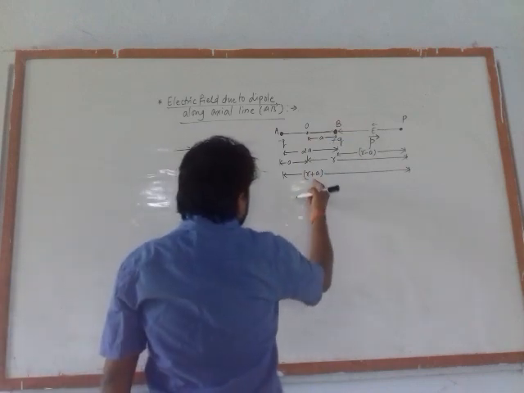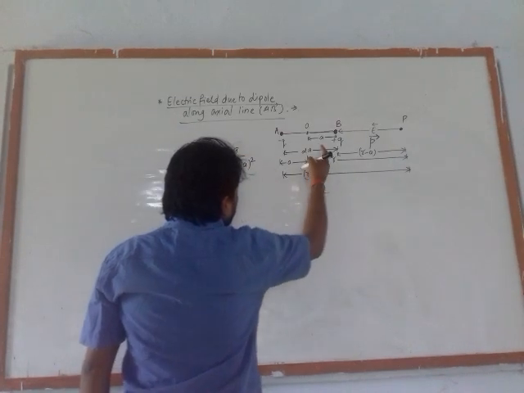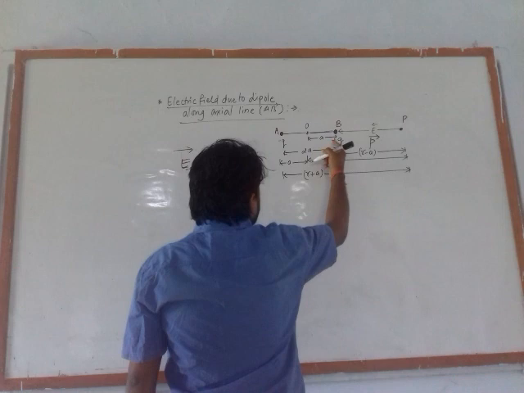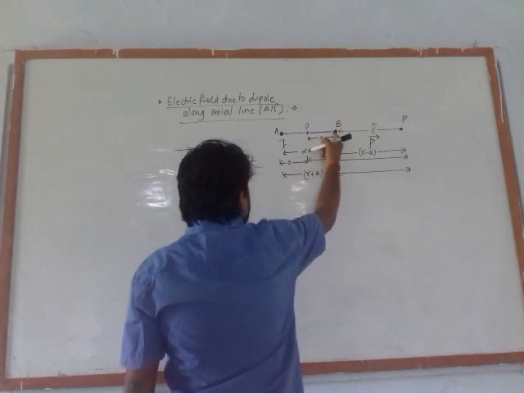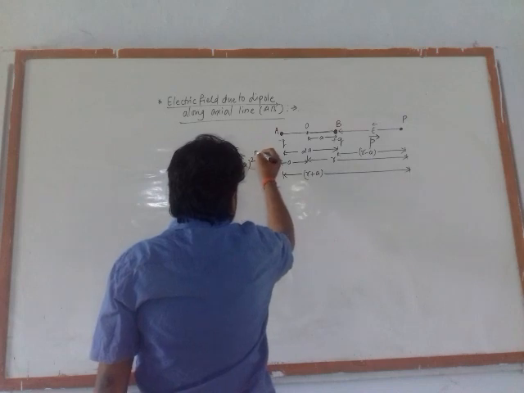So the square of the distance means R plus A whole square. The direction, since this is a negative charge, will be along the direction of B.